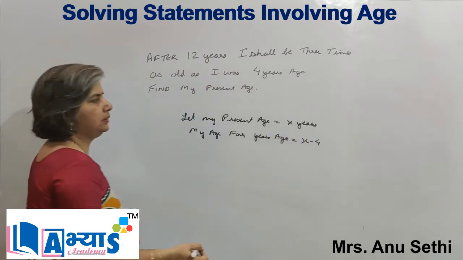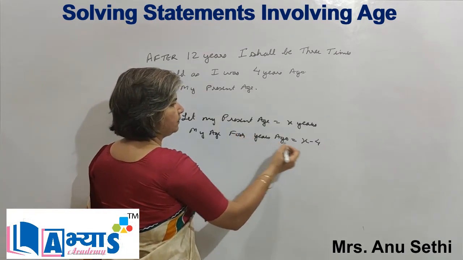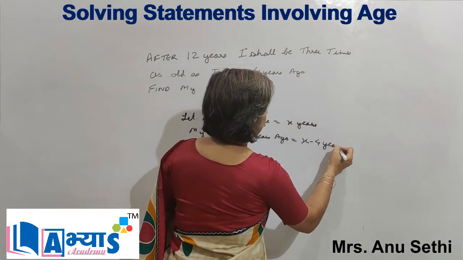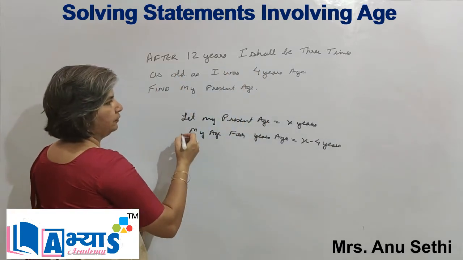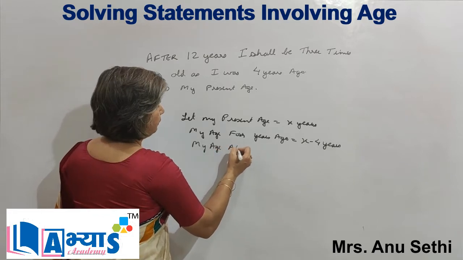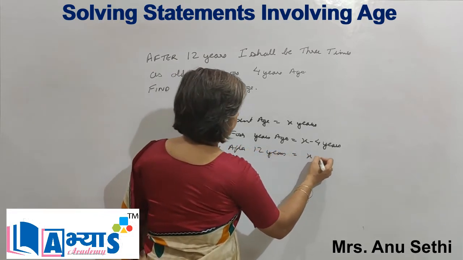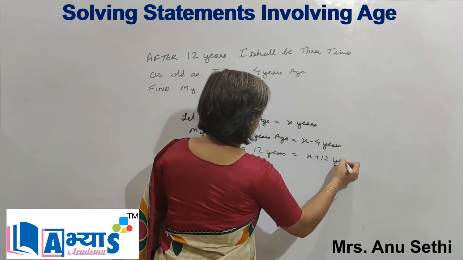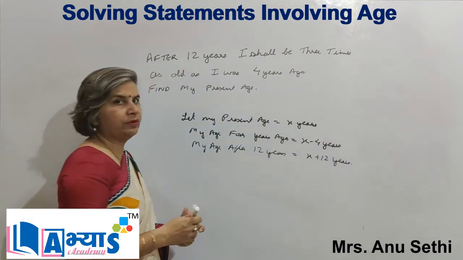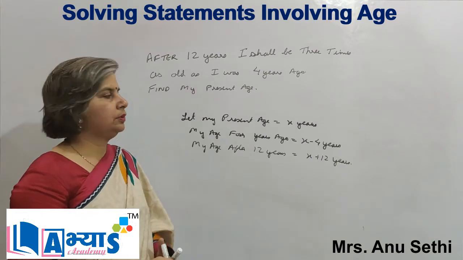As I am discussing the age 4 years ago, I am subtracting 4 from my age, that is x minus 4. My age after 12 years will be x plus 12, because I am calculating age after 12 years, so I am adding 12 to x.